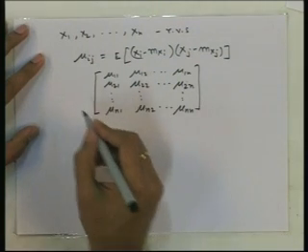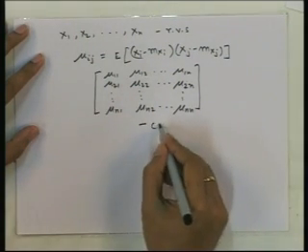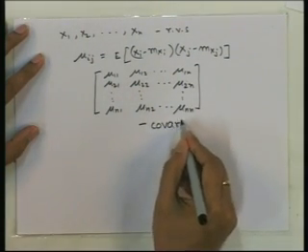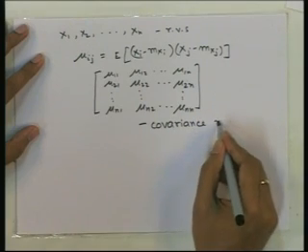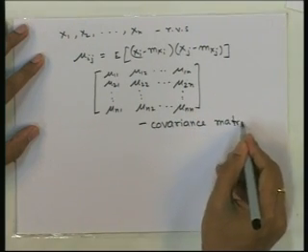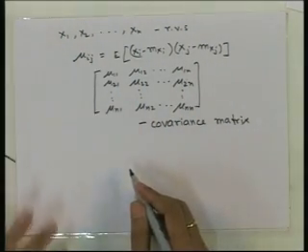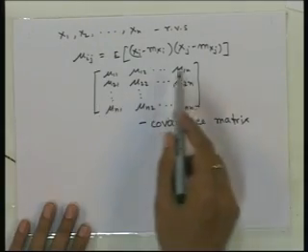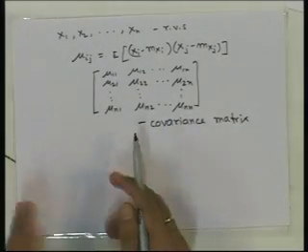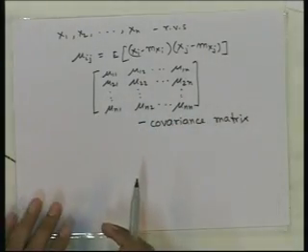Then this is the covariance matrix. Basically, all the covariances are written as components of a matrix, and this matrix is very useful.